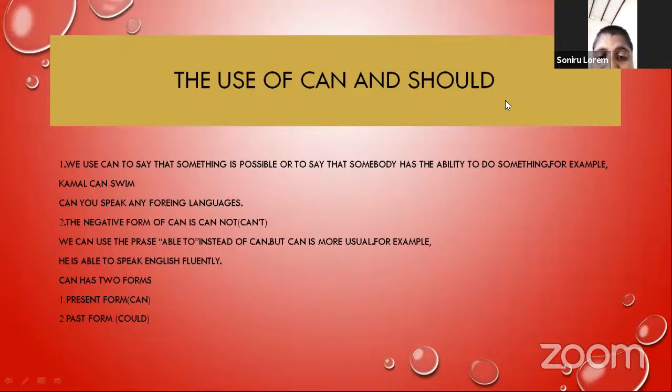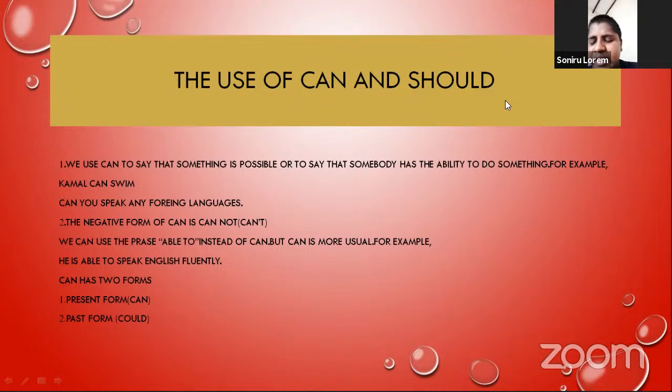So let's continue. I talked about how can is used to demonstrate a certain ability of something or that something is possible to happen. You know that there is a negative form to a lot of auxiliary verbs like is, isn't, will, won't, will not. So can has a negative form too. It is cannot.